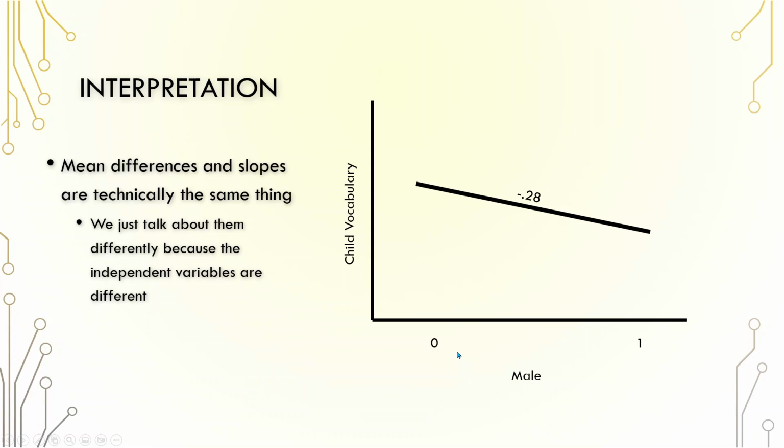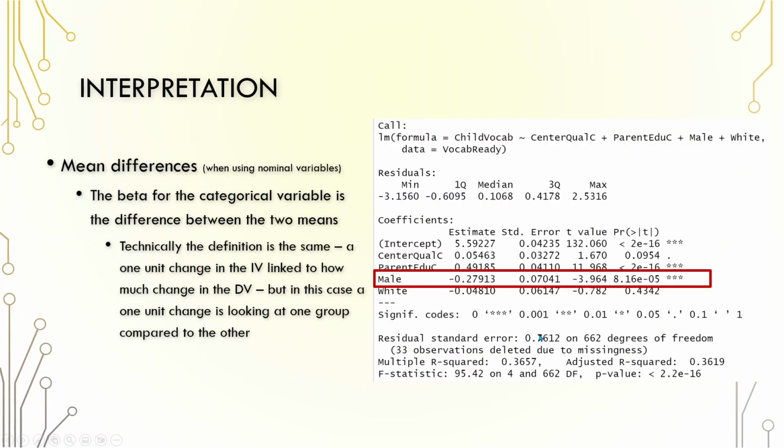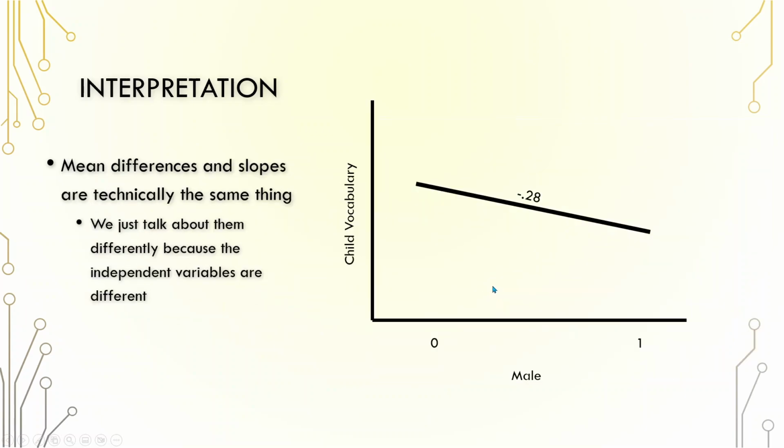I have you code that as a 0 and 1 so that going up by 1 means going from one group into the other. And if the beta for the male variable is negative 0.28, well, that is my slope. But we don't normally think of slopes when we're talking about discrete groups. So the difference between these two groups is negative 0.28, but that's also the slope.